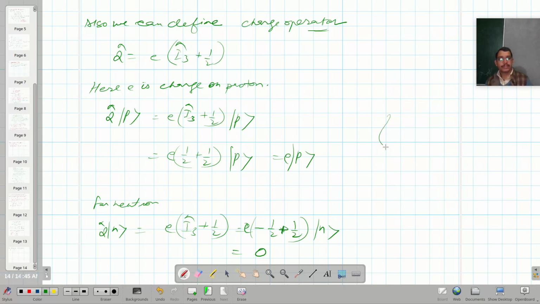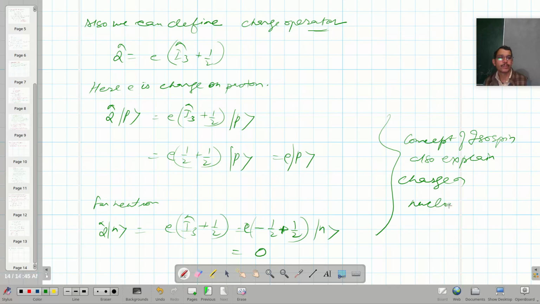So thus the concept of isospin also explains the charge on nucleons, right? So that's all for this lecture.